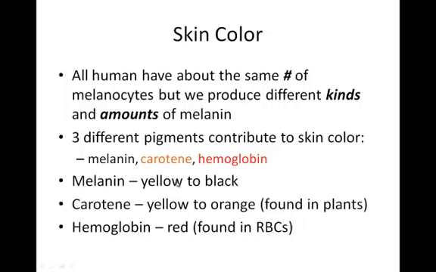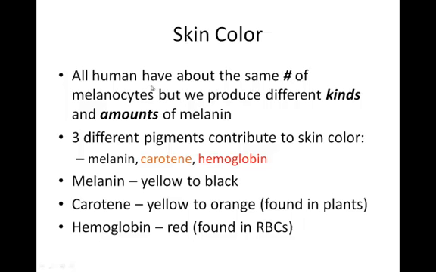Now, skin color is interesting. We're all a different color, but it's really due to our melanocytes and three different pigments. Our melanocytes, recall, are those cells that are found in the stratum basale of our epidermis, and they produce different kinds of one pigment called melanin, and different amounts of that melanin.